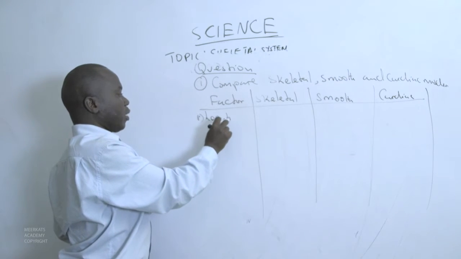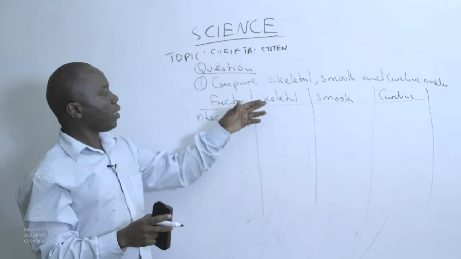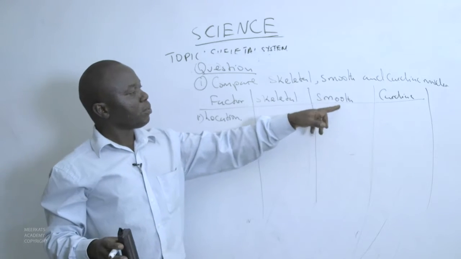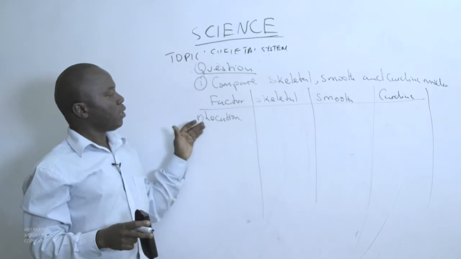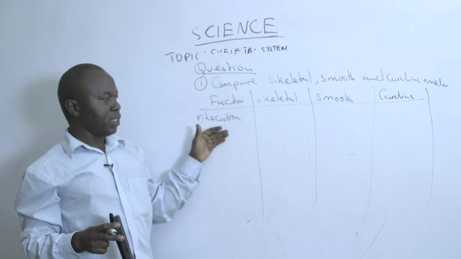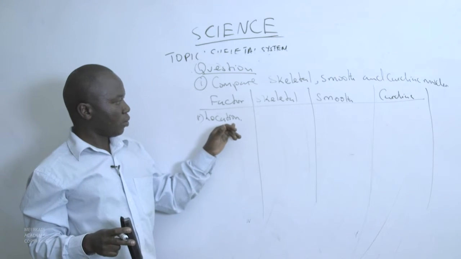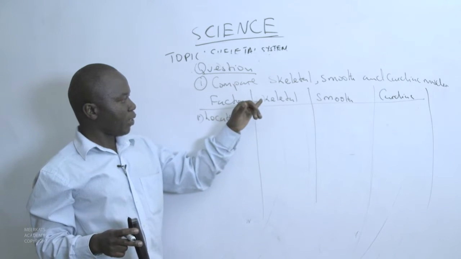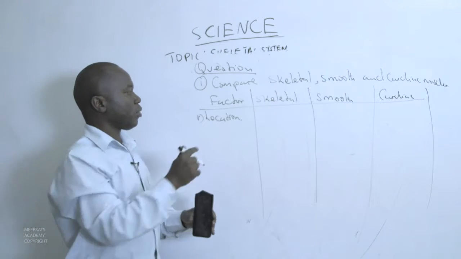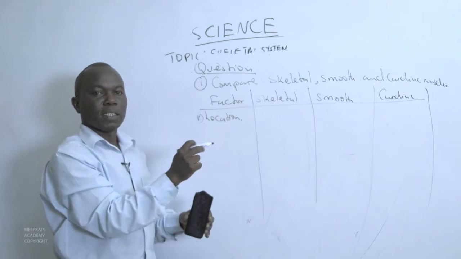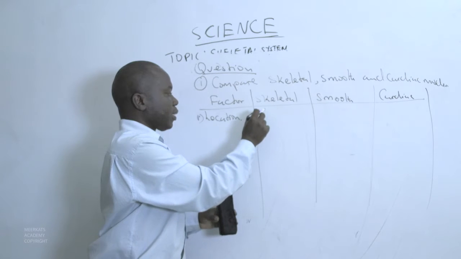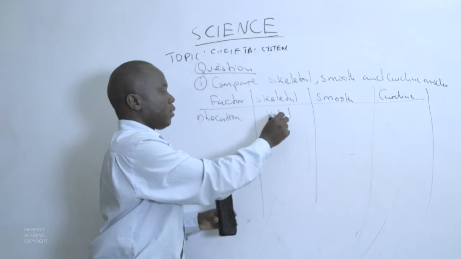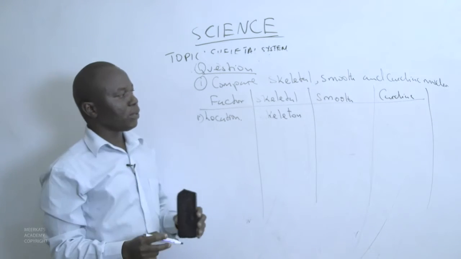One of the factors is location. Where do you expect to find skeletal, smooth, and cardiac muscle? I think we have gone through it. It was very clear. Where can you find skeletal muscle? Skeletal muscle, we said, is found attached to the skeleton.